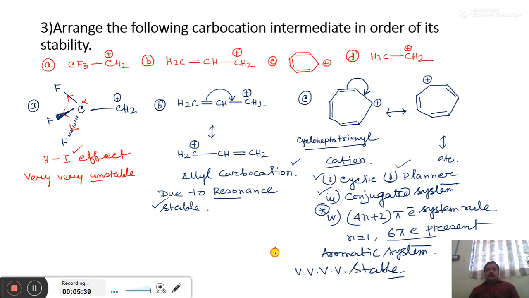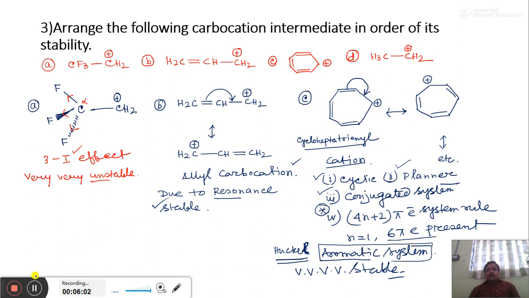So, according to Huckel, it is an aromatic system, and we know any aromatic system is very stable in nature. So, according to Huckel's aromaticity rule, this cation is very stable because it is an aromatic system.